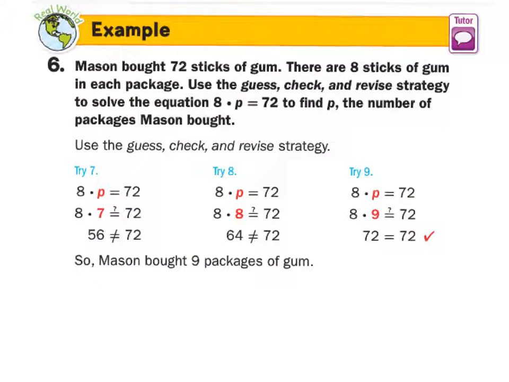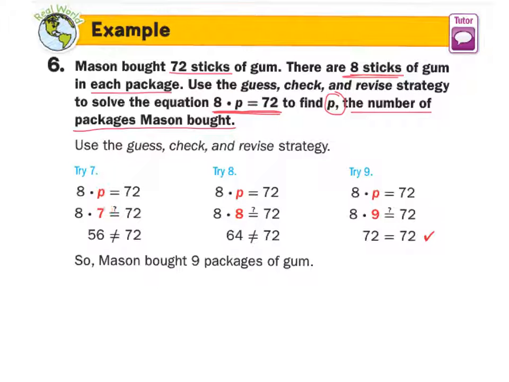So let's try a story problem. Mason bought 72 sticks of gum. There were 8 sticks of gum in each package. Use the guess, check, and revise strategy to solve the equation 8 times p is equal to 72, because we want to find p, which is the number of packages he bought. They did a little guess and check. They said 8 times what gives me 72.